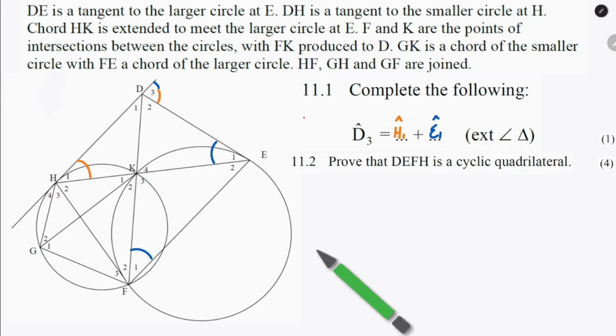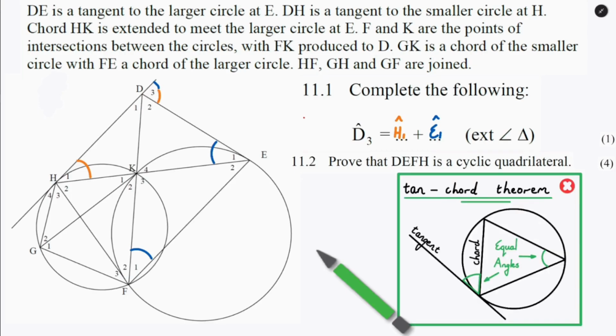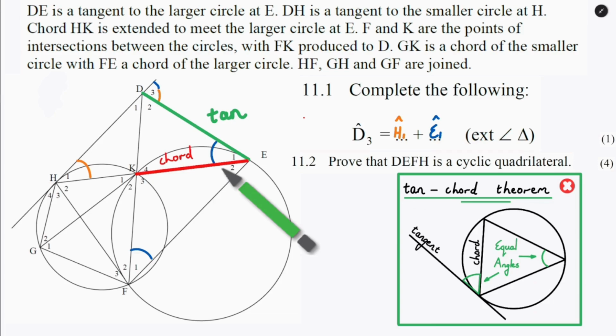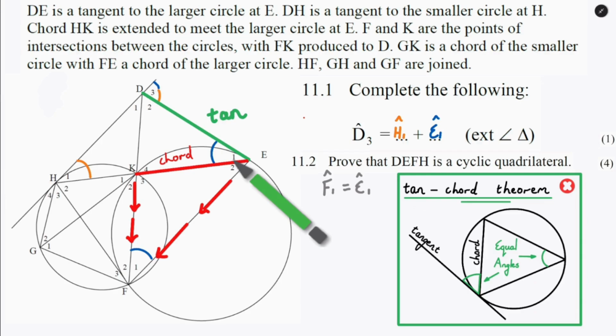Let's start that process off by utilizing the tan chord theorem. If I look at the blue angle, it is nested in between a tangent and a chord. Go to either end of that chord, follow it down some more, and I get another blue angle down here. So with this information, we can conclude that E1 is equal to F1 for the reason of tan chord theorem.